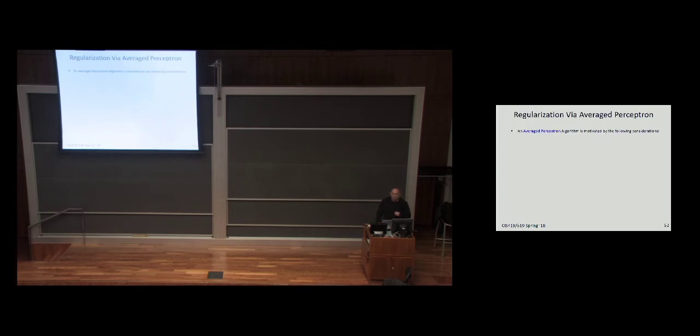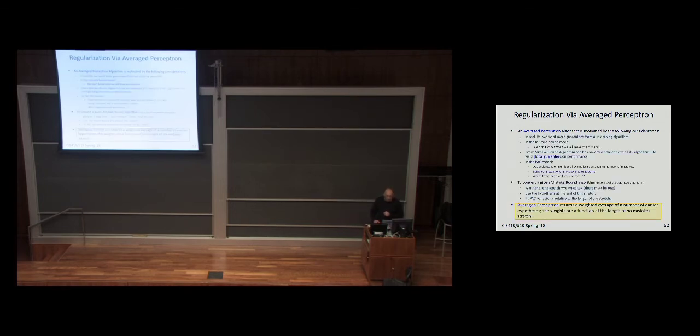So one key way to do regularization in the case of online algorithms like Perceptron is what is called average perceptron.